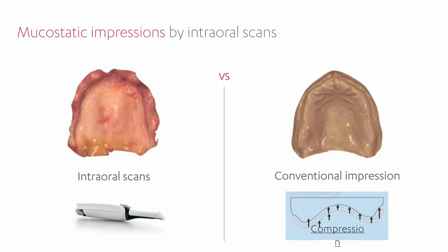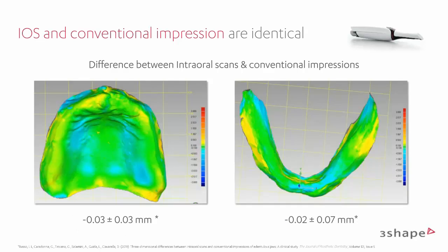So Lucio here basically made a comparison, comparing intraoral scans with conventional functional impressions. And what is quite surprising is there's surprisingly little difference. So he has a couple of examples here, where there's a 0.03 millimeter, so that's 30 microns in average distance, and there's a very low standard deviation also.